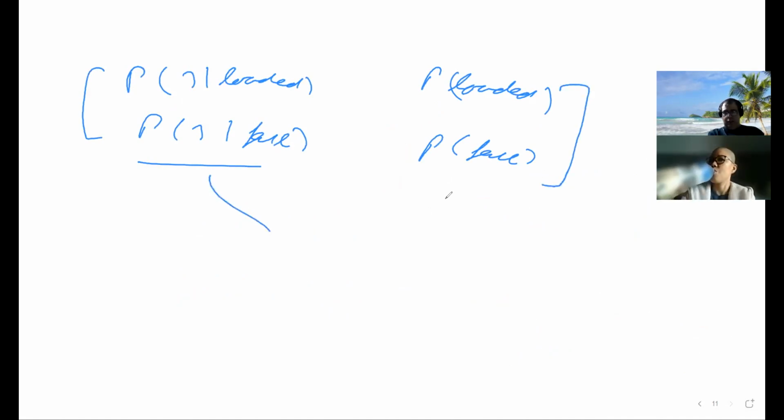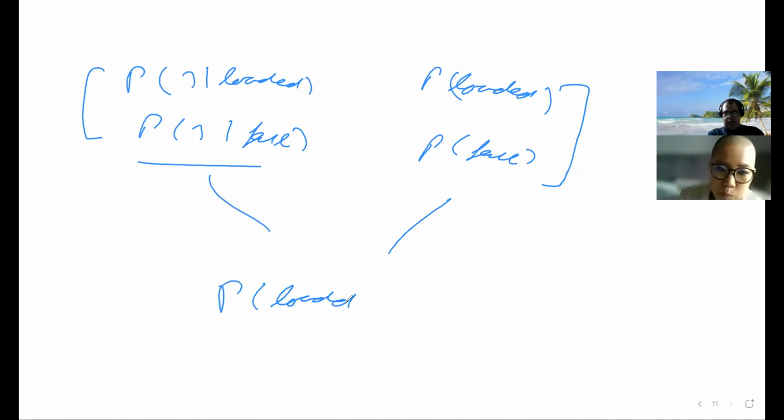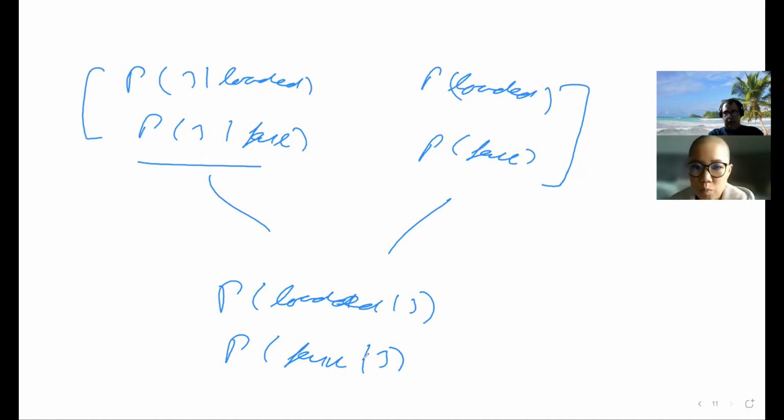Through this, we found P loaded given 3 and P fair given 3. So this is the Bayes theorem.